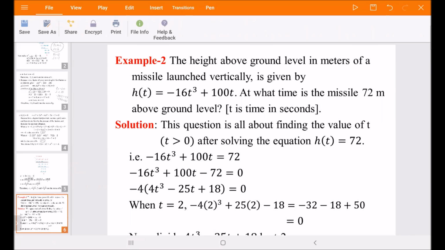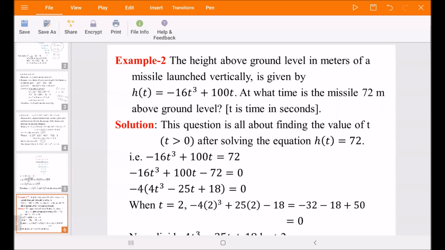So minus 72, this becomes 0. Now, if you consider the coefficients in this polynomial, -16, 100, and -72, -4 is common for all of them. So let us factorize this as -4 times 4t cubed minus 25t plus 18 equal to 0.